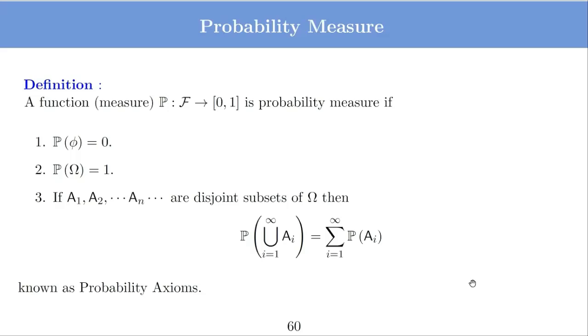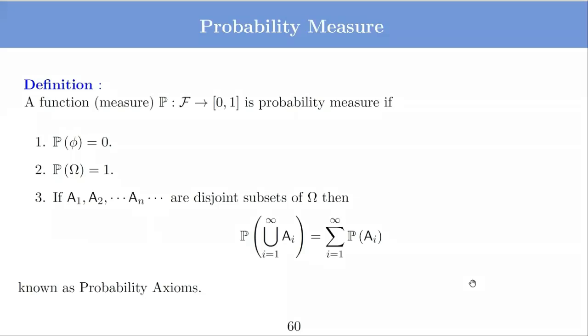And then we said that if you take infinite countable disjoint sets, A1, A2, A3 up to A infinity, then the probability of the union of these sets is equal to the summation of the individual probabilities. And these are known as probability axioms.